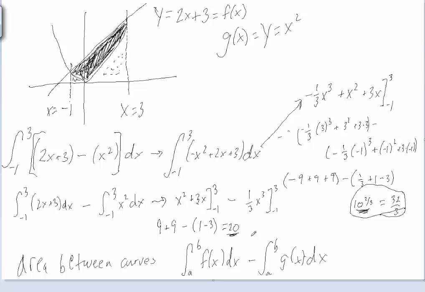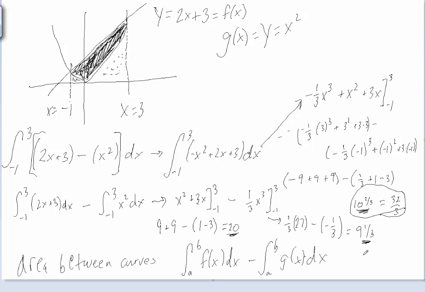That's the area under the line 2x plus 3. And then the area under y equals x squared is going to be 1/3 times 3 cubed minus 1/3 times negative 1 cubed, which ends up being 9 1/3.